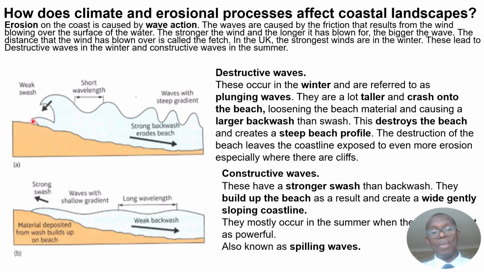Now, when that happens, the beach is going to lose material or lose the sand that is on the beach, and that's why we refer to this as a destructive wave, because it's destroying the beach. And the problem with this is that the beach is the first line of defense, the basic protection for the coastlines, because it's the sand on the beach that will break the wave or slow down the wave before it gets to the land.